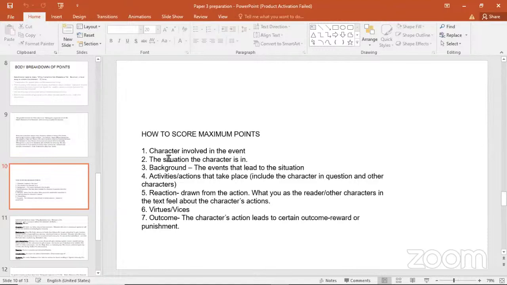At the beginning, we said that you have a character. Which character are we talking about? If it's Fathers of Nations, you're talking about Karanja Kemani. Identify the character. What is the situation the character is involved in?